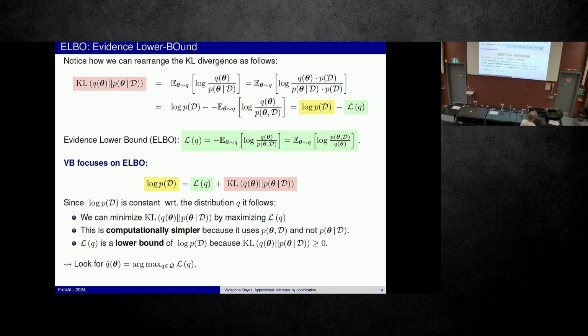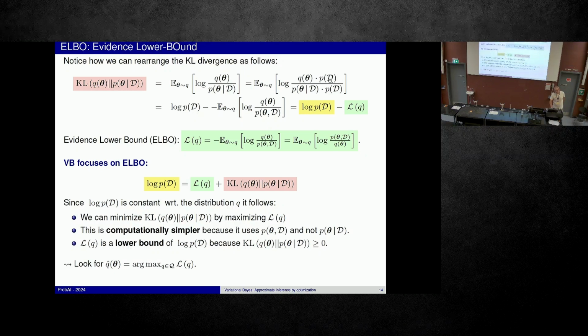So how I got to this thing: this is the same as that product here, and I multiplied by P of D. I don't know what P of D is, but it is a number, and I'm multiplying both the numerator and the denominator in this fraction with the same number.